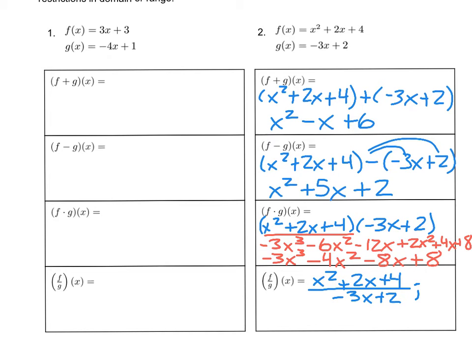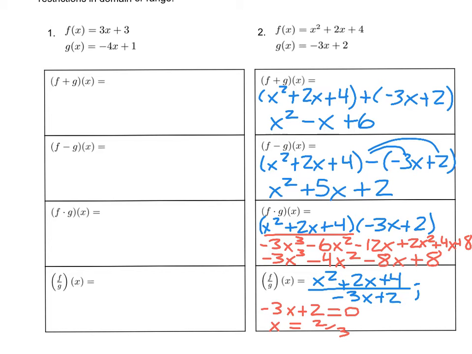So the first domain restriction we're going to learn this year is that denominators are not allowed to equal 0. So looking at the denominator, we see negative 3x plus 2. We need to figure out what would make that equal 0. So if I solve that equation, I get x equals negative 2 divided by negative 3, or 2/3.